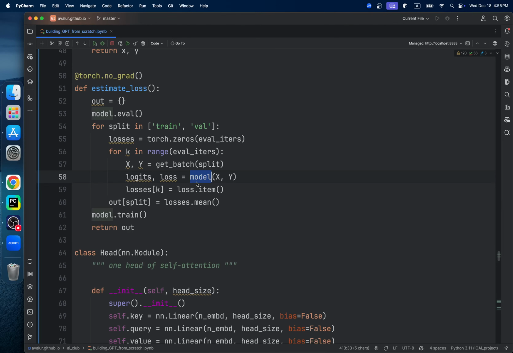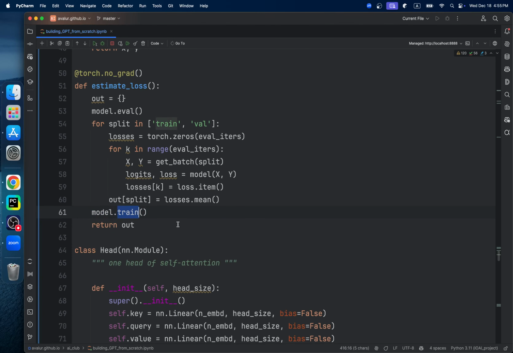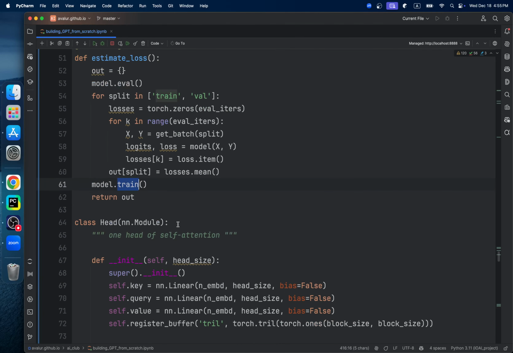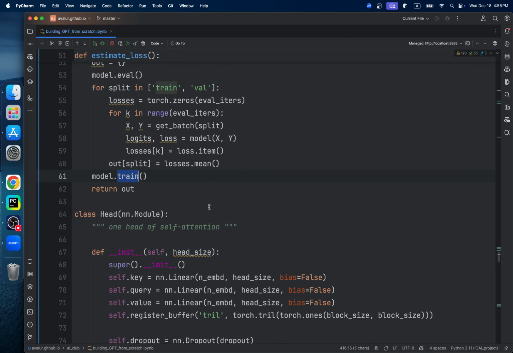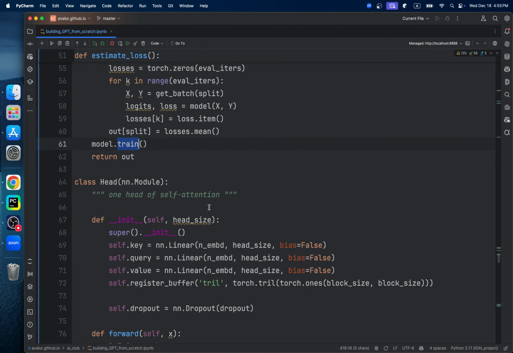So we just apply the model to the batch and then record the losses here. And then we switch the mode back to train mode, to return to training. And let's go on.